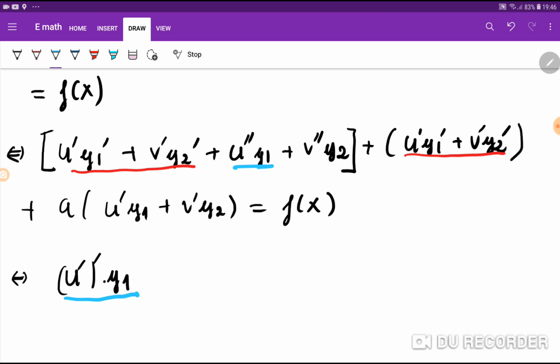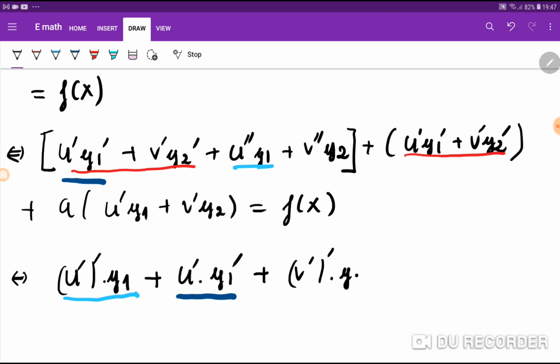I'm going to write it like that, and then I'm going to write u prime plus y1 prime. And this term right there is this guy. Then similarly, I write y prime times y2 plus y2 prime times v y2 prime times v prime.